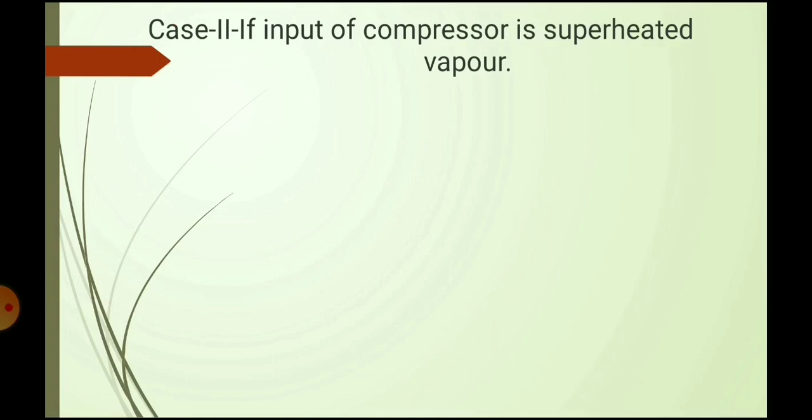Next, case number 2. If the input of the compressor, input means inlet, means at point 1, it says about point 1. If point 1 is in superheated vapor, that means point 1 lies in the superheated region, outside the saturated vapor line.